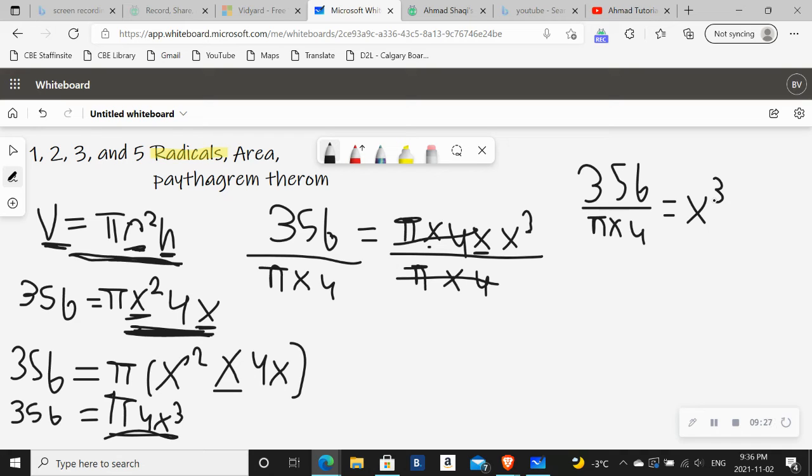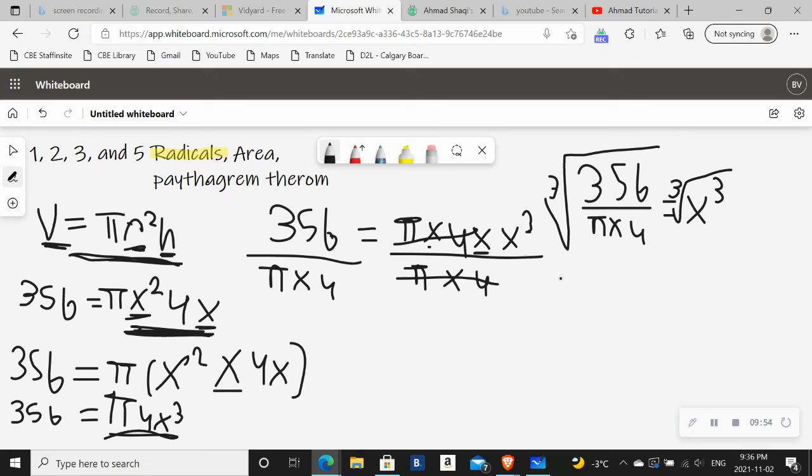So, what we need to do is we need to cube root it to get rid of the exponent, which is 3. Oh, that does not look like a good 3. There you go. And this is going to be hard, but it's fine. I'm just going to put a 3 there.